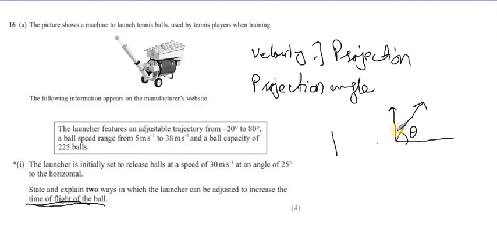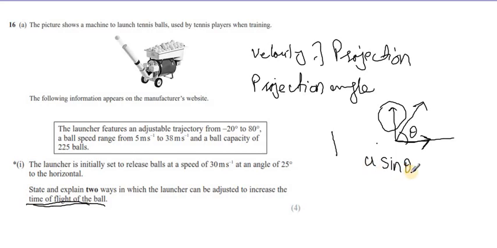So this is the vertical component, and this is the horizontal component of the velocity. So if you can increase the vertical component, and if you remember, the formula is u sine theta. So u is initial velocity, theta is the angle of projection.